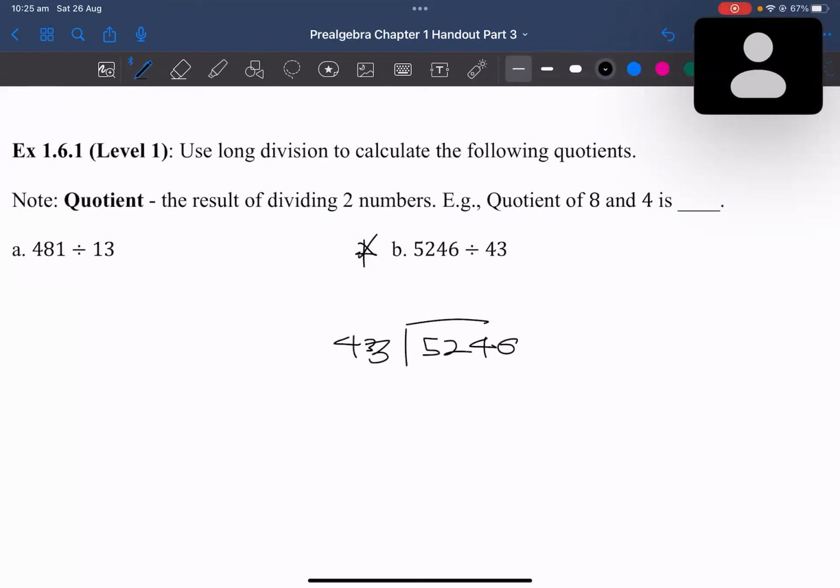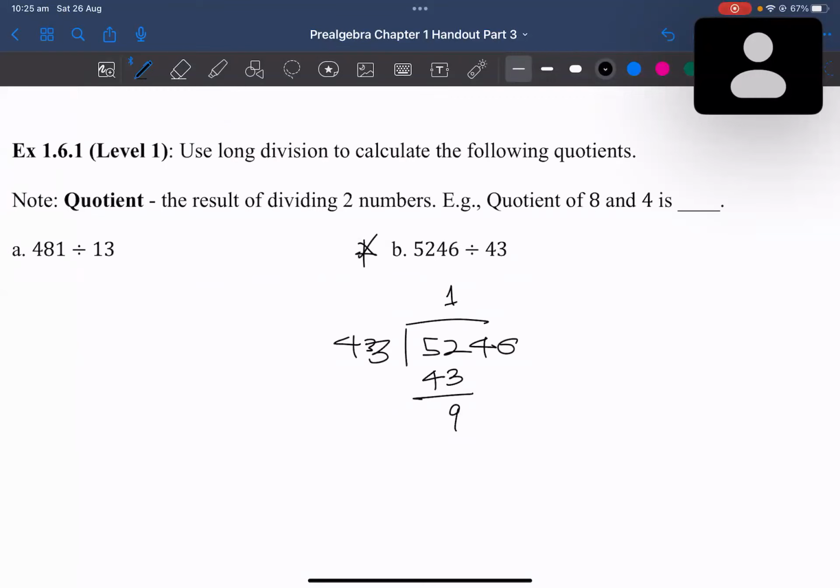For 5, there's no 43 inside 5, right? So we go to the next number, which is 52. How many 43s are there in 52? 1. So we write 1. 43 times 1 is 43. Take that away. What do you end up with? Very good, you got the answer right. It's 9. Yep.